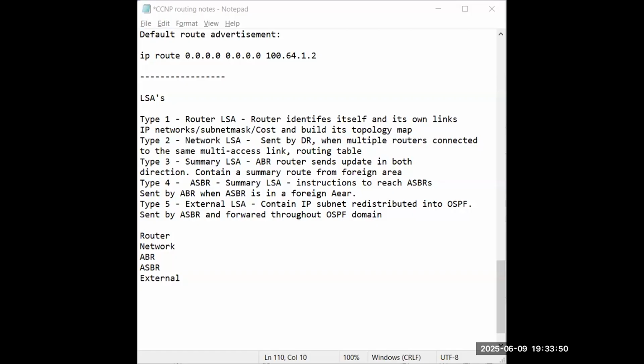Any update on any BDR or any link is sent only to the DR, and from there it gets updated. So this OSPF process is actually a huge process. Why? Because it has multiple small processes running within the domain.